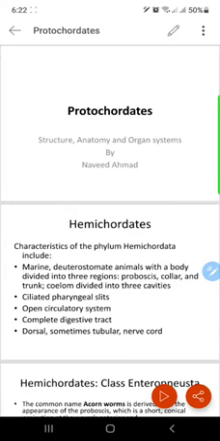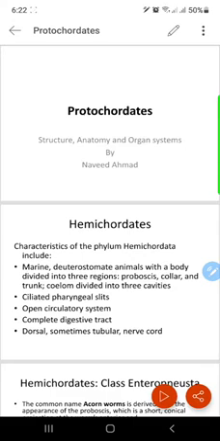We are going to discuss the protochordates in this lecture. There are three basic sections of this lecture. We will discuss the hemichordates and their classes, and we will discuss two further subphyla of chordates, which are considered as protochordates or ancient chordates.